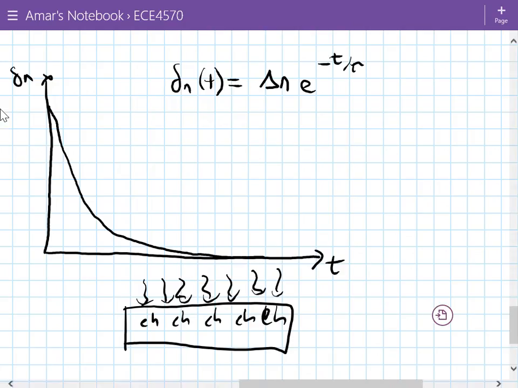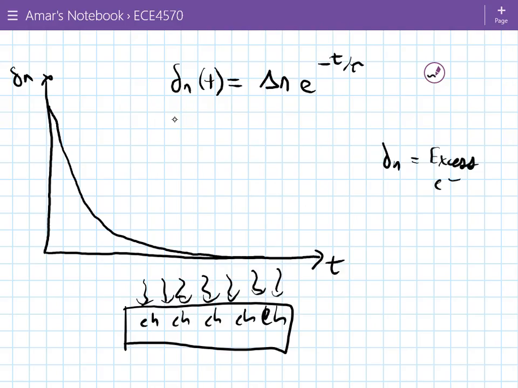This delta n is the excess electron concentration, given in 1 per centimeter cubed. Delta p, which is equal to delta n, is the excess hole concentration.